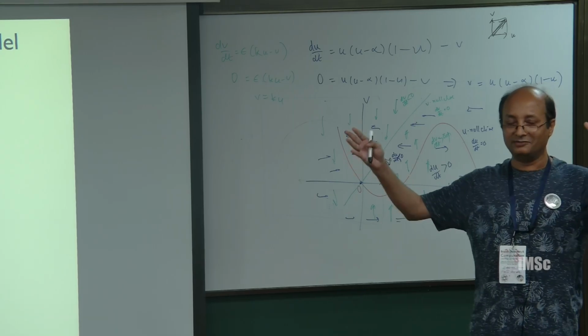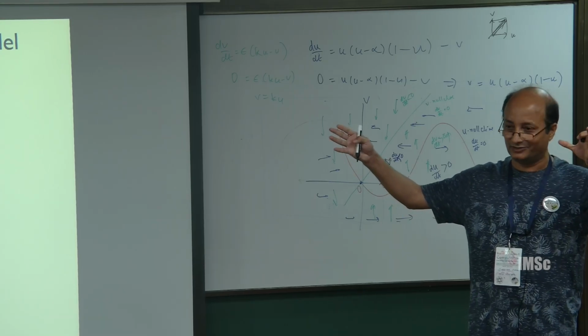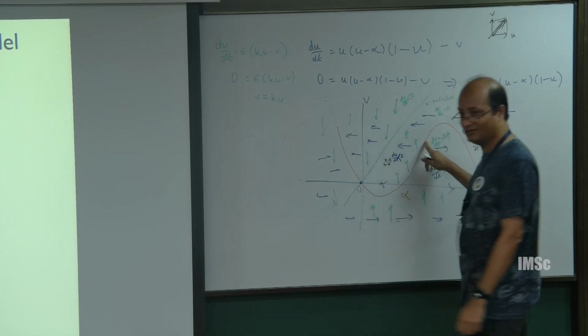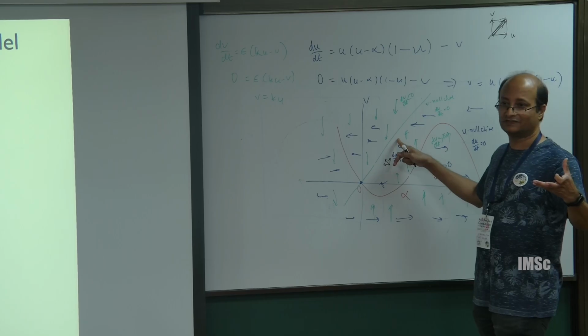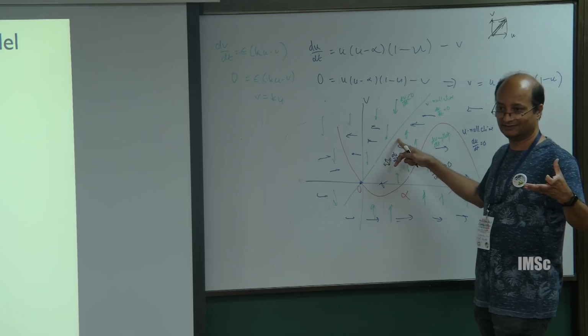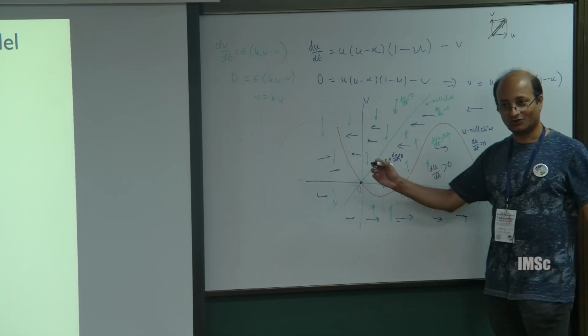So effectively it is a value very close to 0. Unless you are exactly on this curve, the u contribution is much bigger than the v contribution, and so u will dominate.